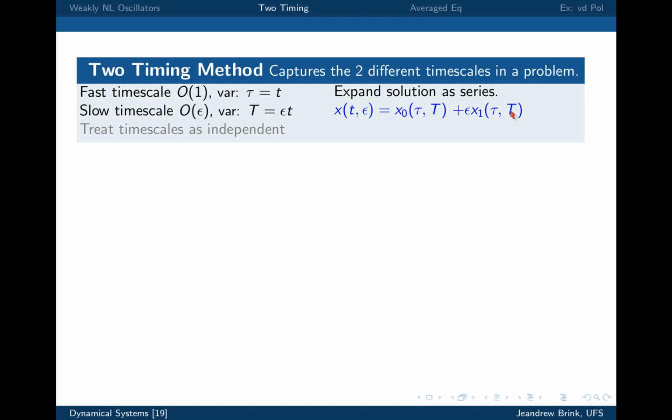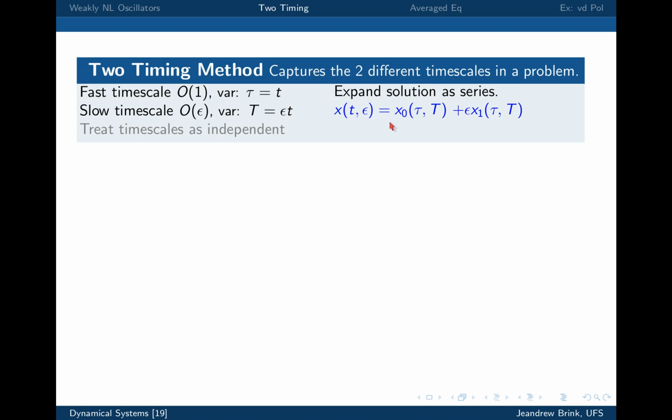Okay, so now if you remember the original regular perturbation theory, you didn't have this idea of a slow time scale, so that's what's new. And what's also new is you're considering tau and big T to effectively be two separate independent variables, even though you know that they are in fact connected.